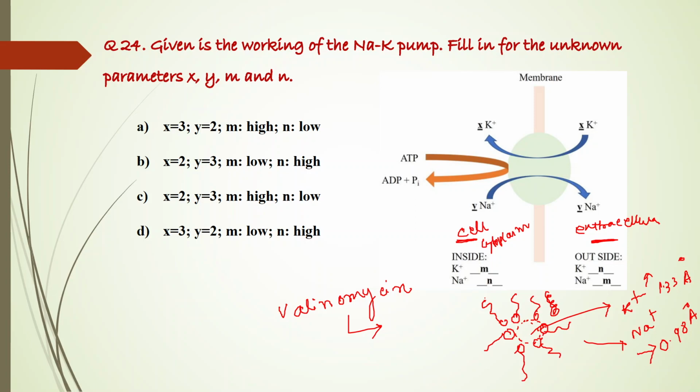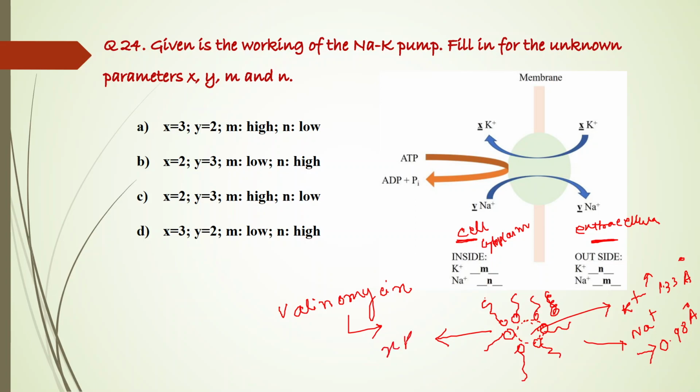Also they do fit in the cavity. So from the look of it, the radius for K plus is higher, so this same protein will not be able to fit more K plus inside it.